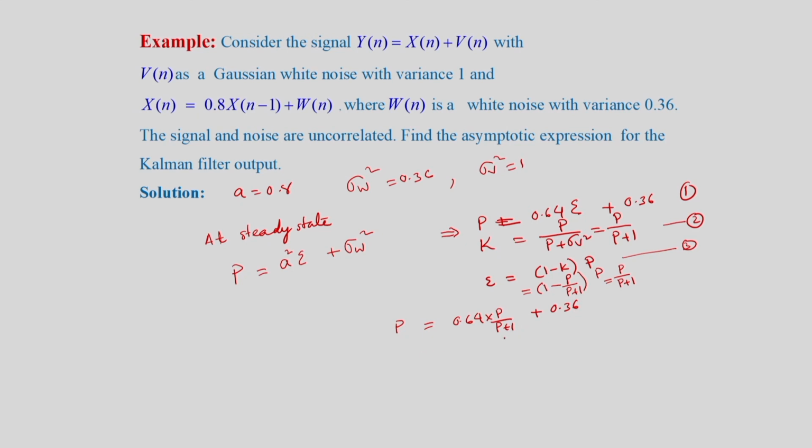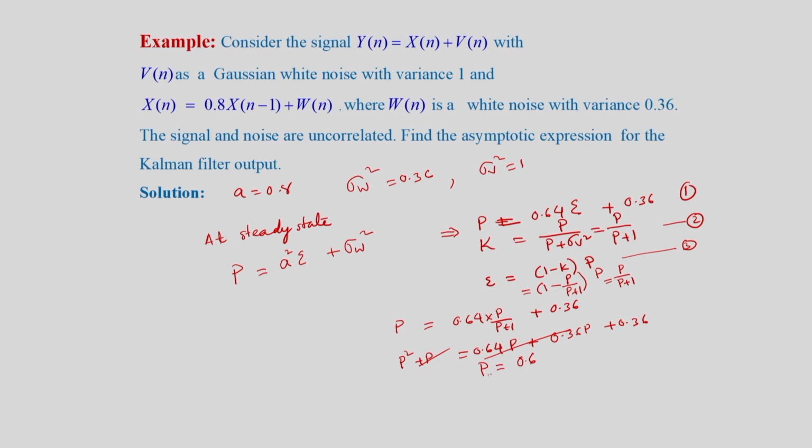Multiplying by P plus 1, what we will have is P square plus P will be equal to 0.64 P plus 0.36 P plus 0.36. Therefore, 0.64 P plus 0.36 P will be P only, so this P and this P get cancelled. So we get P is equal to the square root of this, it is a positive quantity, therefore P is equal to 0.6.